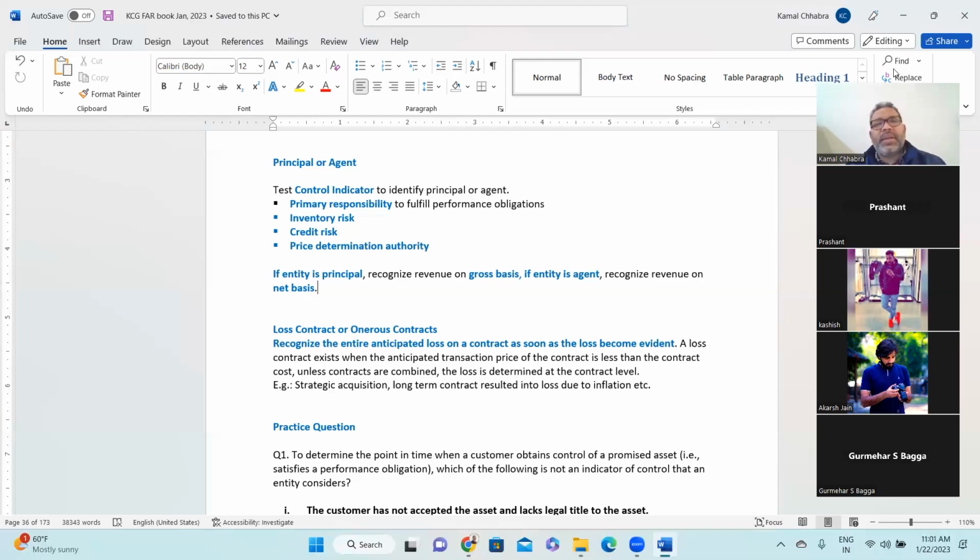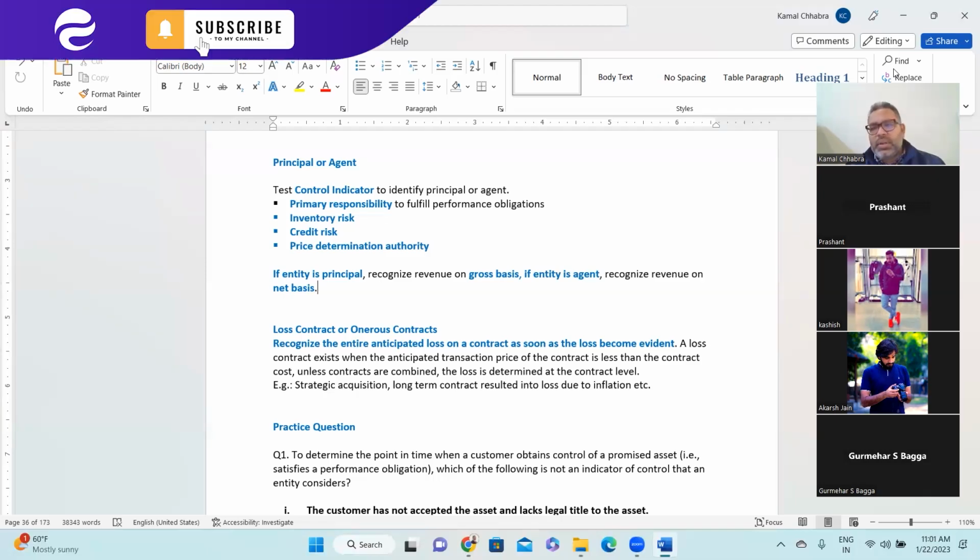Second is who has inventory risk. Let's assume Prashant and Ayush have a business of manufacturing LED bulbs.